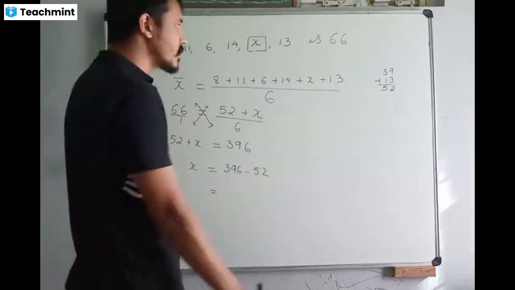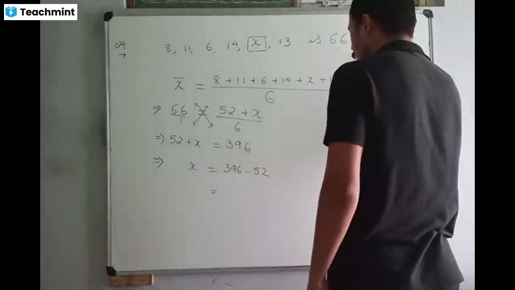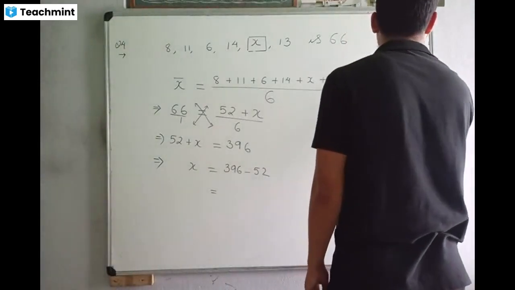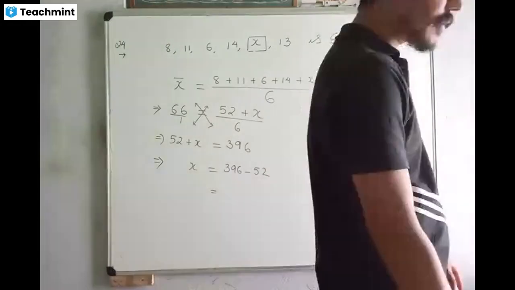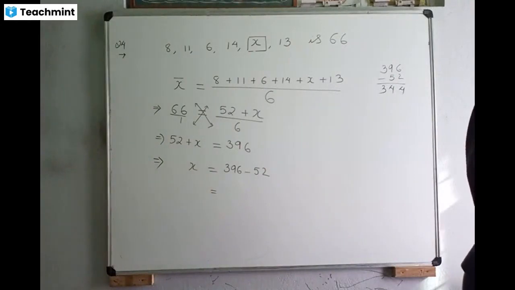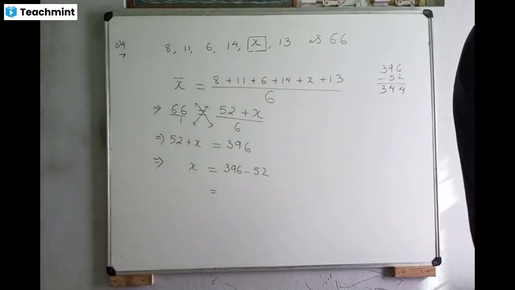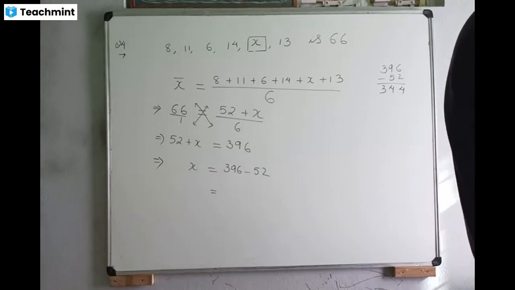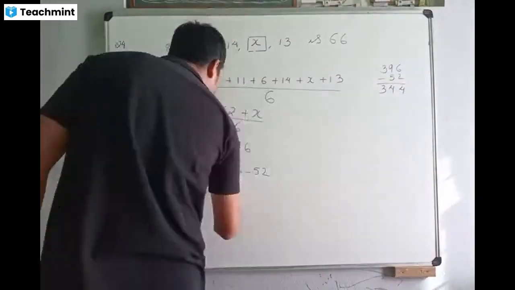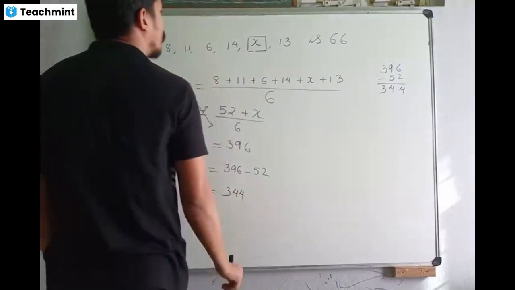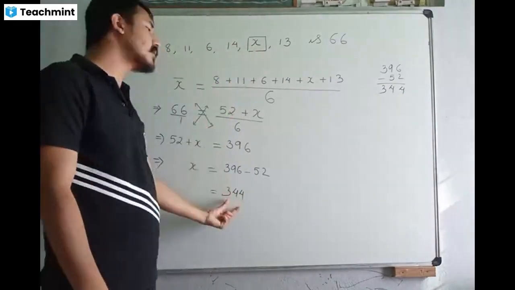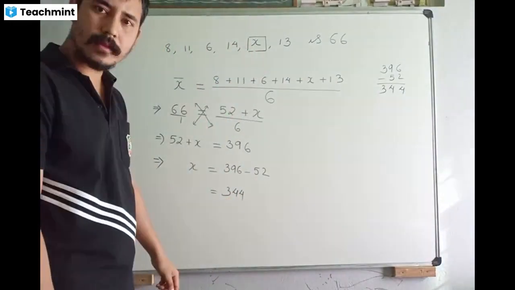As you subtract this, 396 minus 52 is 344. So your x is 344. The missing item x is determined to be 344.